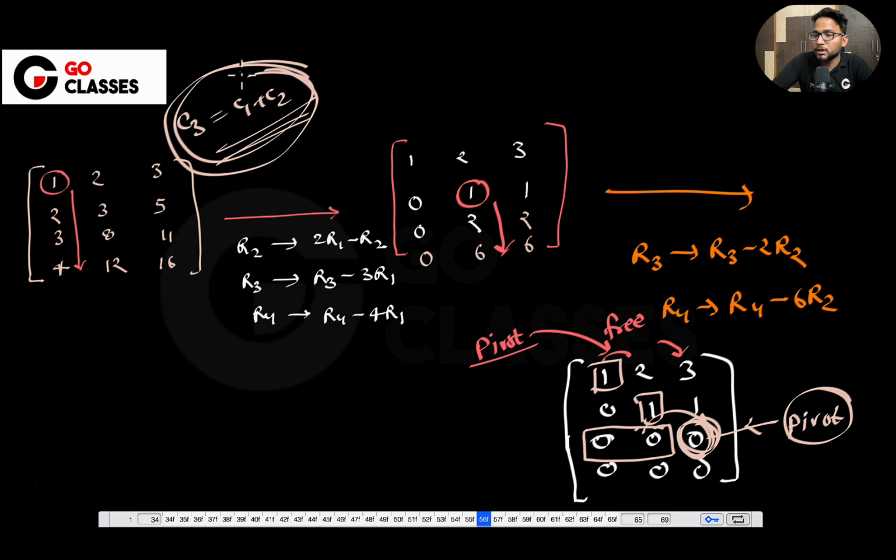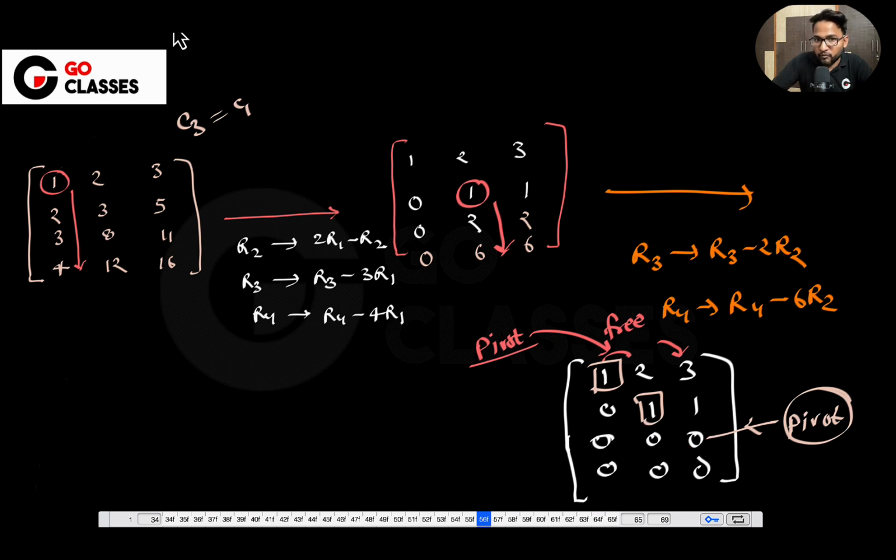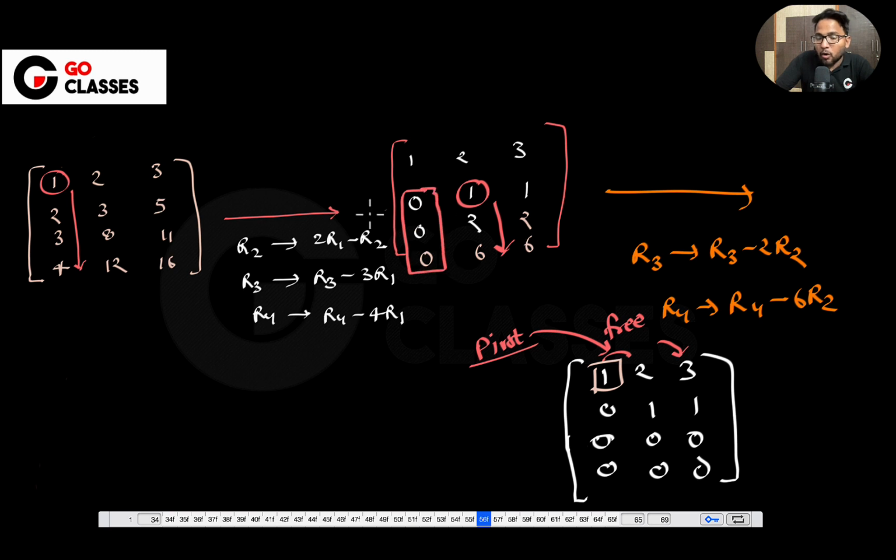That's what we know. So basically what I'm saying is that you have performed the elementary row operation, but ultimately you have found out that the last column is actually a linearly dependent column. Why? Because the moment you make these zeros, then automatically the linear dependency holds.